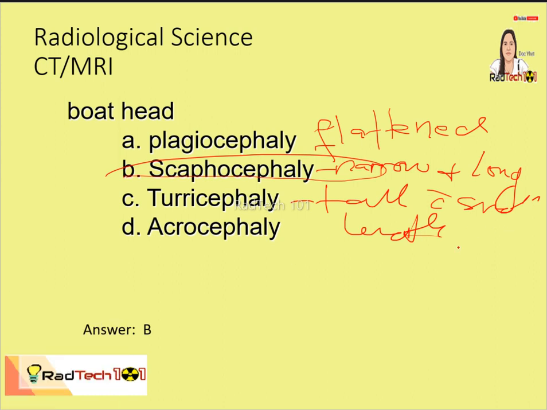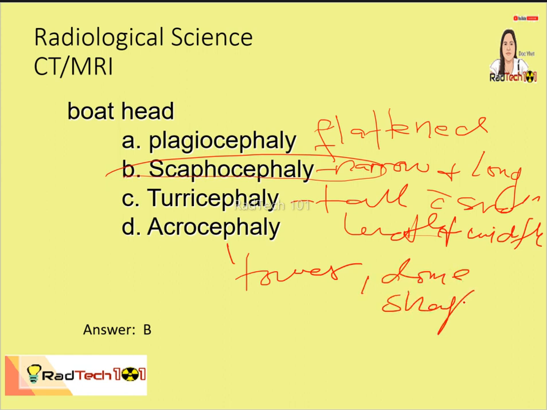Pag acrocephaly, so this is also termed as tower head. So, para siyang dome shape skull.